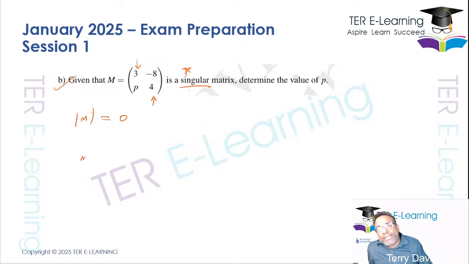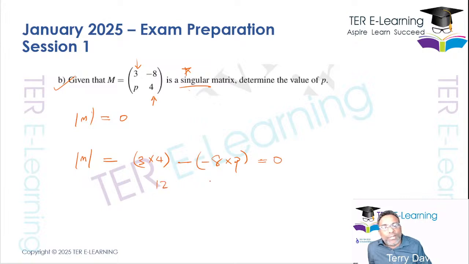So the determinant of M is going to be 3 by 4, and you're going to subtract -8 multiplied by P. That's how we find the determinant of a matrix, and because it's a singular matrix, you're going to put this equal to 0.